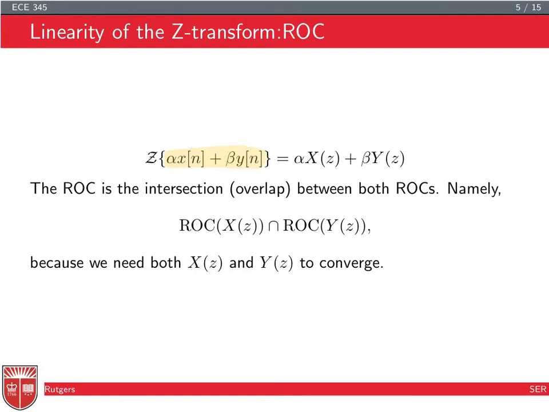If you think about it for a second, for the Z-transform of this weighted sum to converge, we need both X of z to converge and Y of z to converge. For this reason, the ROC of the weighted sum is the intersection of both ROCs. So the ROC of this signal is the ROC of X of z intersecting with the ROC of Y of z. It's the overlap, because we need both signals to converge.